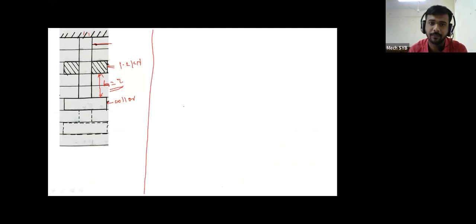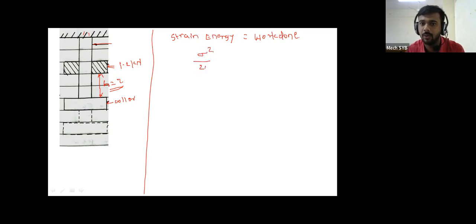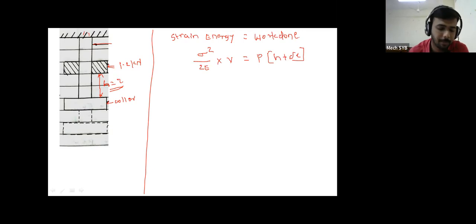See, strain energy is equal to work done. The strain energy formula we have is sigma square upon 2E into volume, and work done is equal to P in bracket H plus delta L. So this formula is available with you: strain energy is equal to work done.